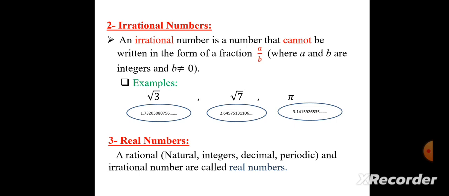Now, real numbers are composed of rational and irrational numbers together. So rational numbers, whether natural, integer, decimal, or periodic, and irrational numbers are called real numbers.